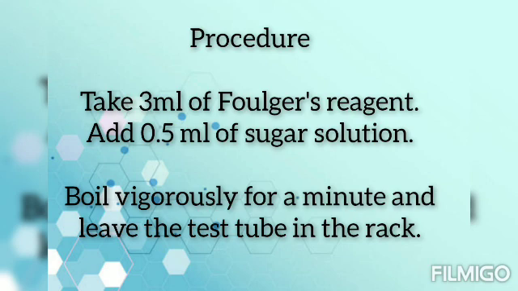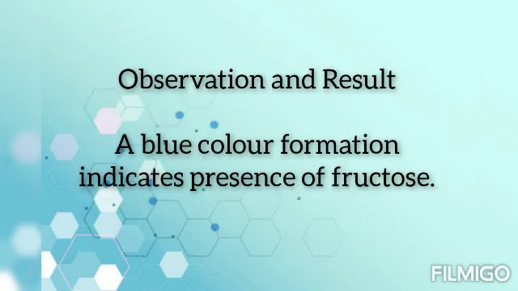This test is similar to the Selivanov test. Procedure: take 3 ml of Foulger's reagent and add 0.5 ml of sugar solution. Boil vigorously for a minute and leave the test tube in the rack. Observation and result: a blue color formation indicates the presence of fructose.